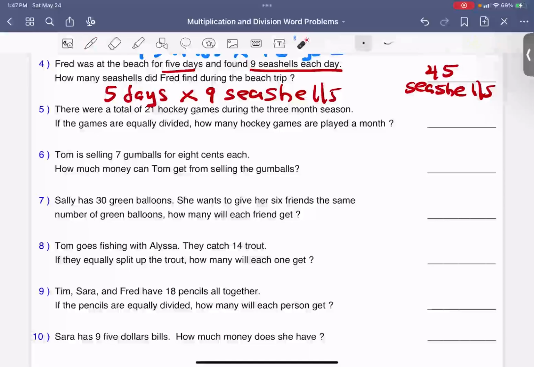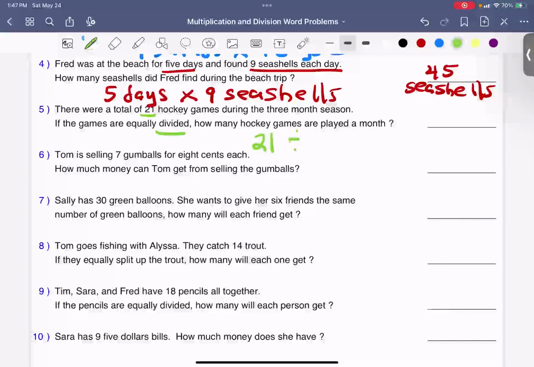Number 5. There were a total of 21 hockey games during the 3-month season. If the games were equally divided, how many hockey games are played a month? So immediately I see the word divided, so I know I'm going to have to do some division. A total of 21, so that's the number that's going to be divided.